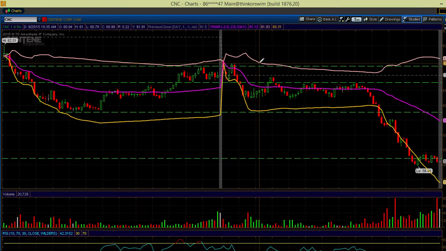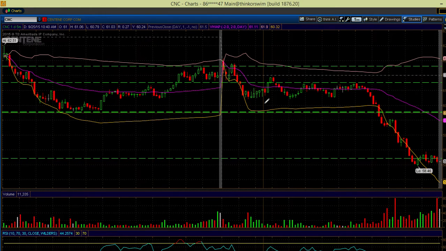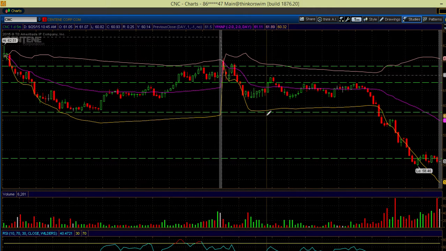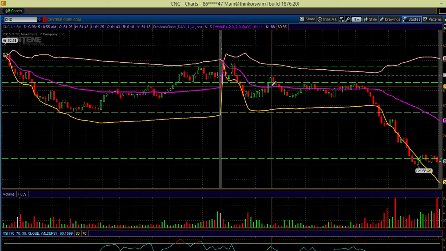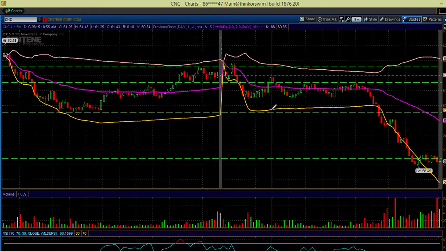Now these are important to me because in the absence of clear daily chart resistance and support, these become my profit targets. If I'm taking it off the VWAP long, this is my profit target. If I'm going short, this is my profit target.